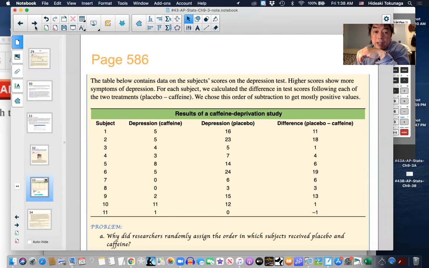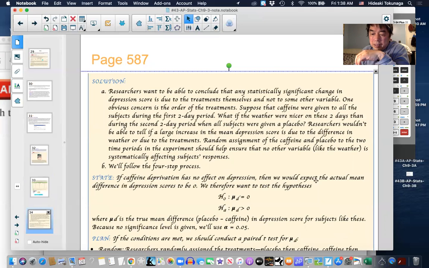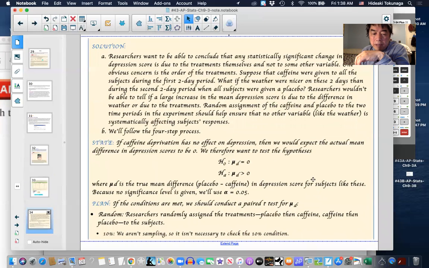All right, and it's a one sample t test. It might be called a paired test. The plan is, if conditions are met, we should conduct a paired t test. I'm sorry, I called it a one sample t test, but it's similar to one sample t test and is called a paired t test for mu of difference.